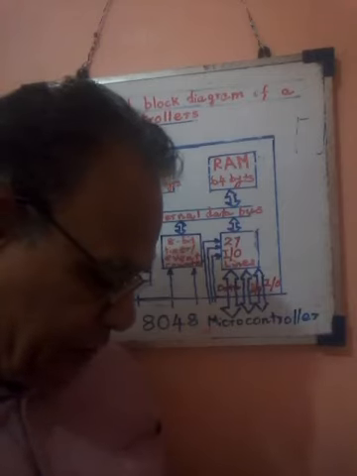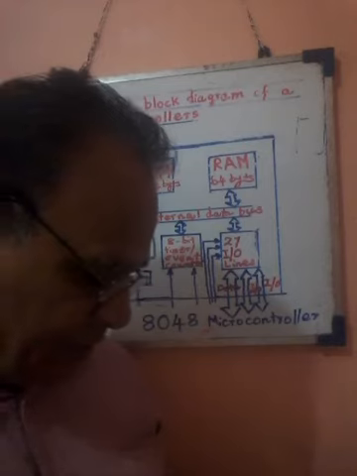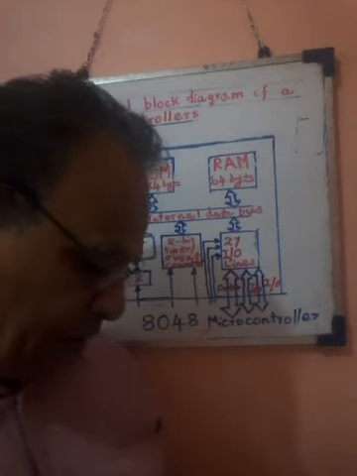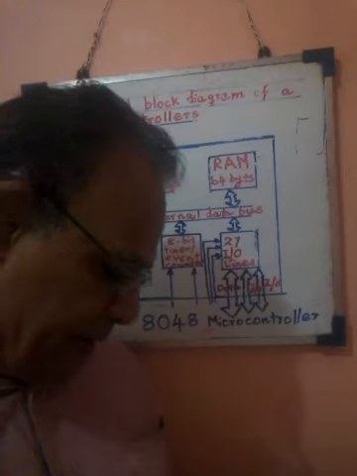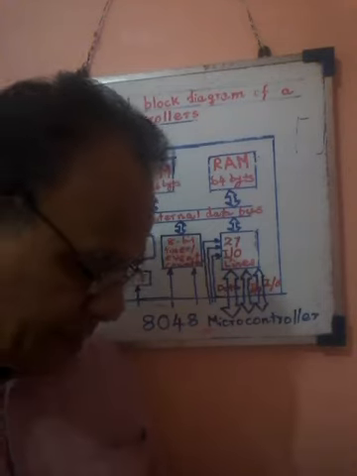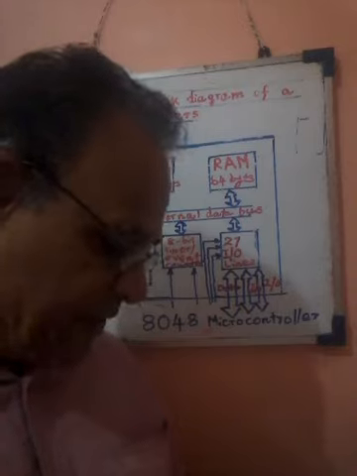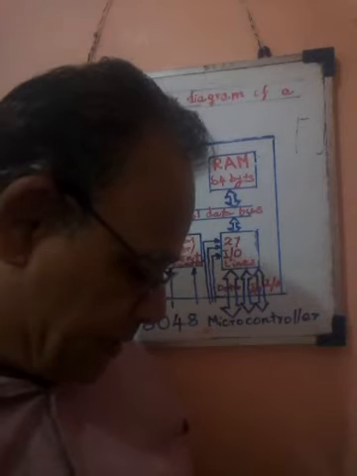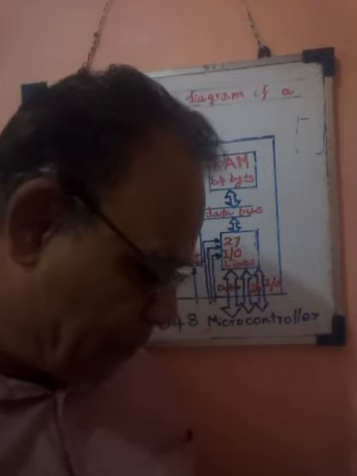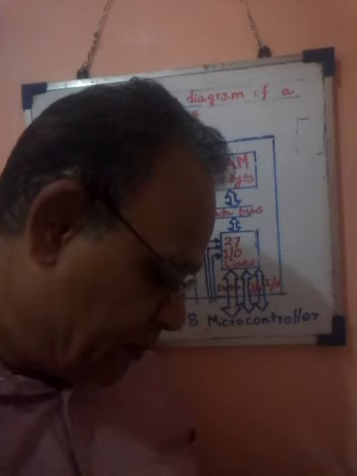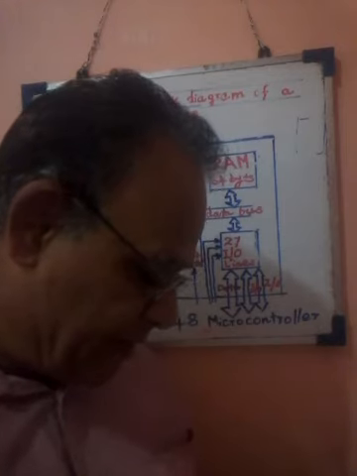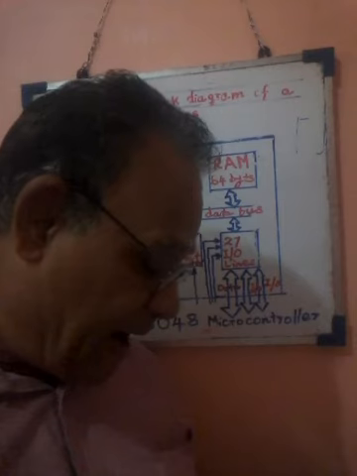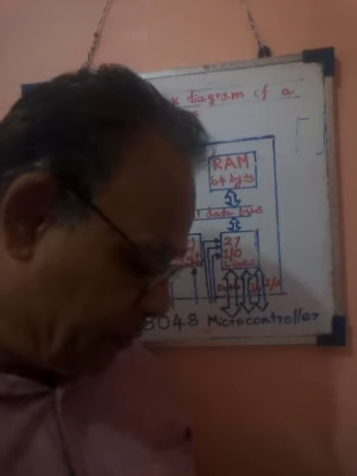G, speech processing. H, alarm system. What are alarm systems? Microcontrollers can be used for security alarm systems. I, part of industrial control systems. Modern industry uses PLC, programmable logic controllers, but some parts can be controlled using microcontrollers.